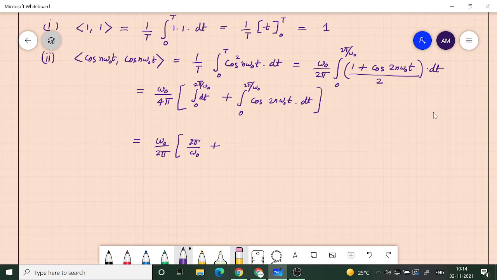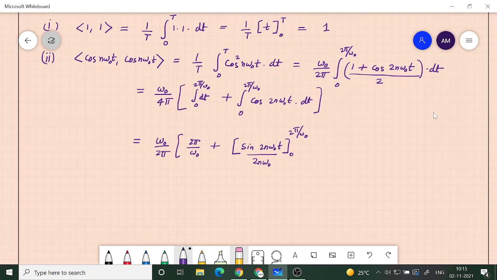What about the second part, from the experience that you had? Okay, I will write one more step. So the integral of cos is sine 2n omega 0 t divided by 2n omega 0. Is there any minus sign? No. So 0 to 2 pi by omega naught.